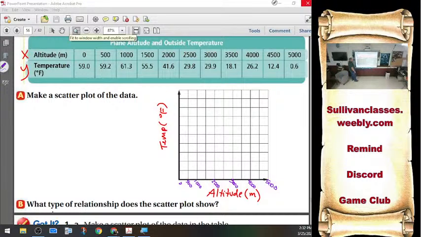Next up, temperature. The highest it ever went was 61 and change. The lowest it ever went, almost 0. So, I guess I'm going from 0 up to at least 60. I got 10 boxes. Okay. I heard 10s, I saw 5s. Will 10 by 10, 100, be enough?